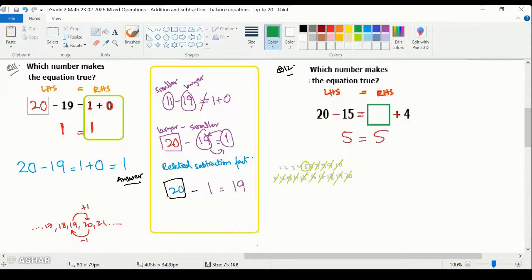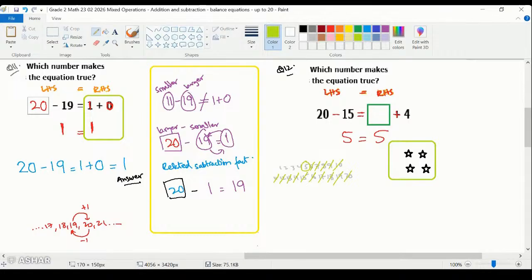Okay, let's say we had stars over here. We had 4 stars. How many more stars do we need to add to make it 5 stars? If we had 4 stars already, right? If I want to make them 5 stars, how many stars do I need to add to this?